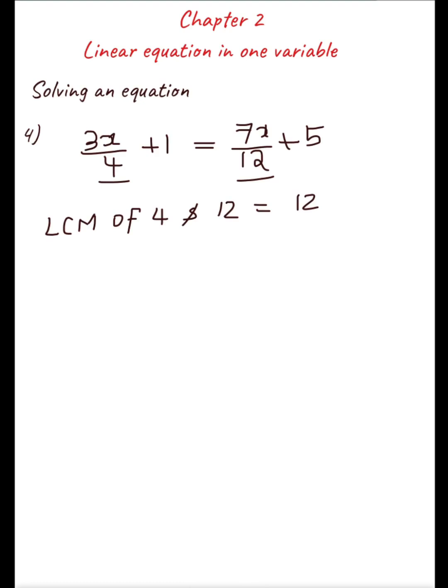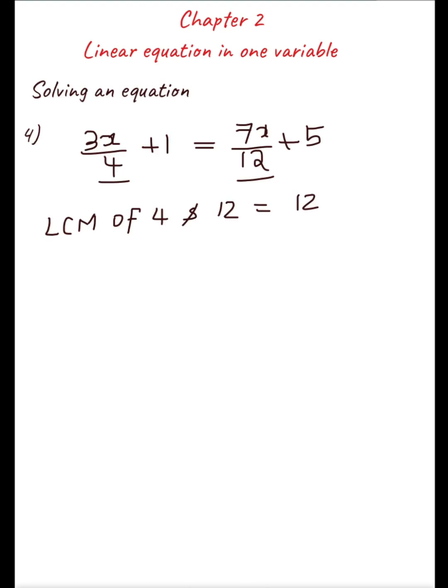So what does that mean? You have to multiply with the LCM on both sides. In the previous case you were just multiplying with the denominator on both sides. But here, since two denominators are present, you have to take the LCM and multiply with this LCM on both sides.